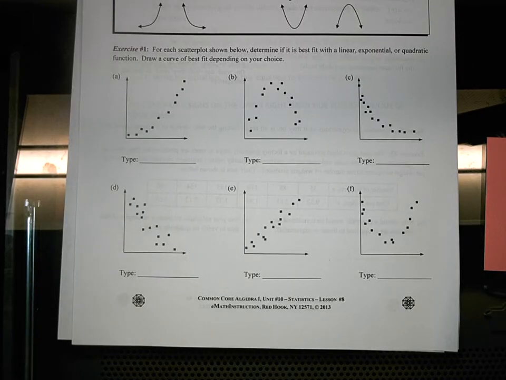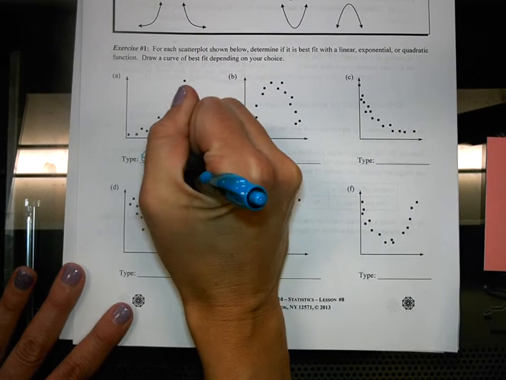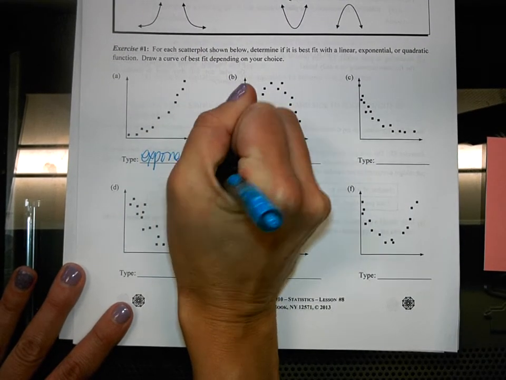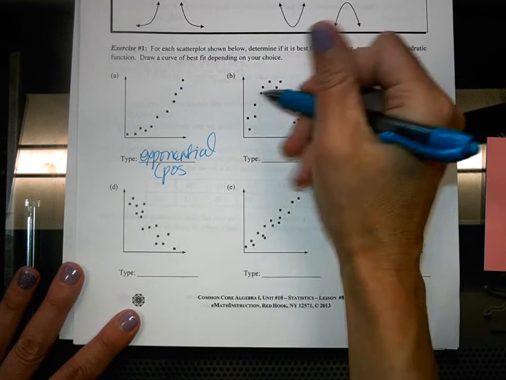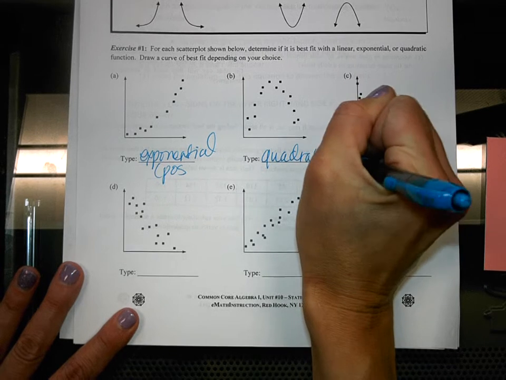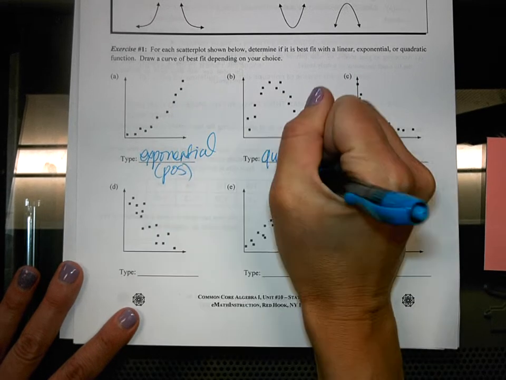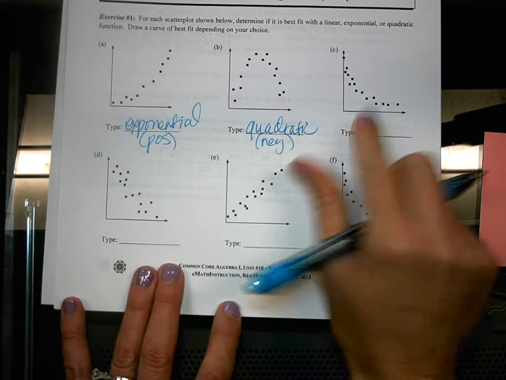Is it positive or negative exponential? Positive. Good. How do you know it's positive? Because it's increasing, it's going up. What is this one? Negative, because it's going down. Negative exponential.